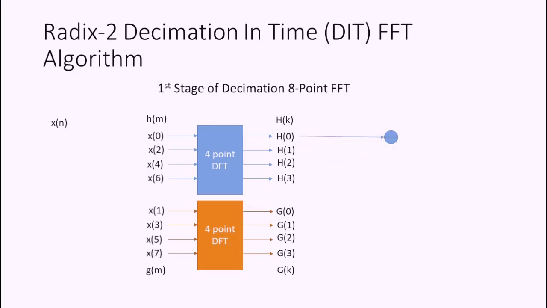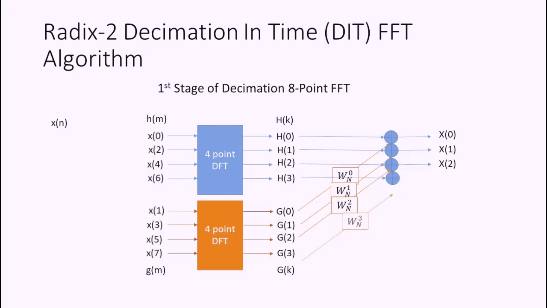X0 is taken as H0 plus G0 times W_N^0. Again H1 is added with G1 times W_N^1, and the result is X1. The same for X2 and X3.